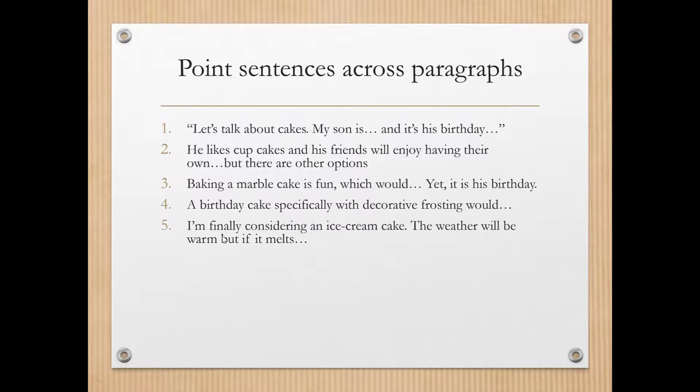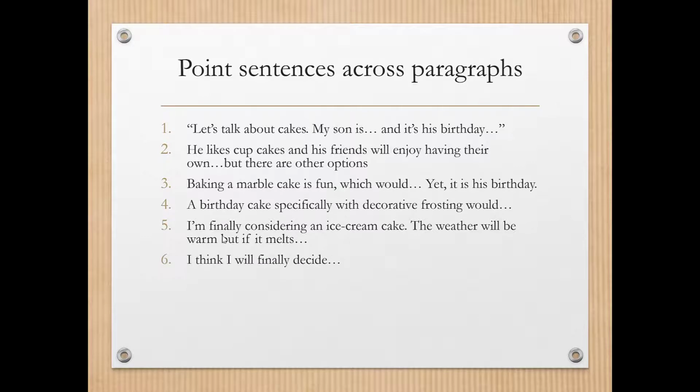Finally, if my friend is continuing to describe what's happening, the birthday party would be outdoors in the summer, an ice cream cake would be refreshing for every child that was going to attend the party. He might go on to say, well, there could be some problems if the cake melts.